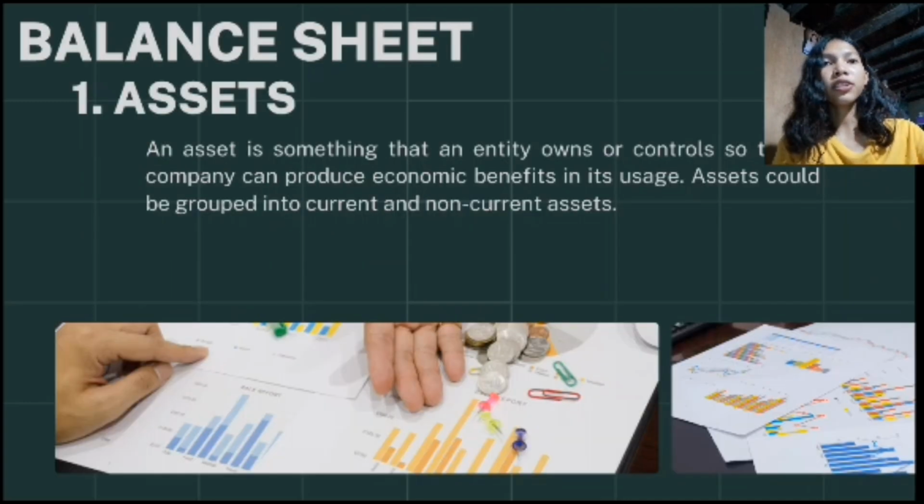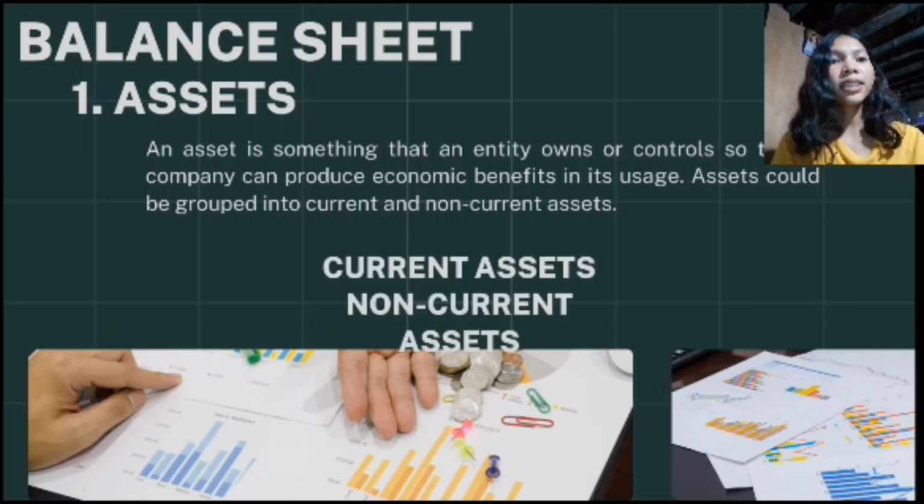So first, under the components of the balance sheet is the asset. So an asset is anything a company owns or controls that helps it earn money. So assets are divided into two types, which are the current assets and non-current assets.